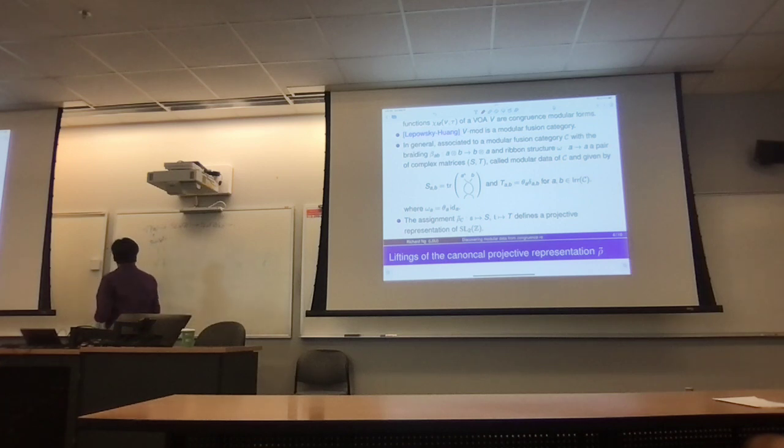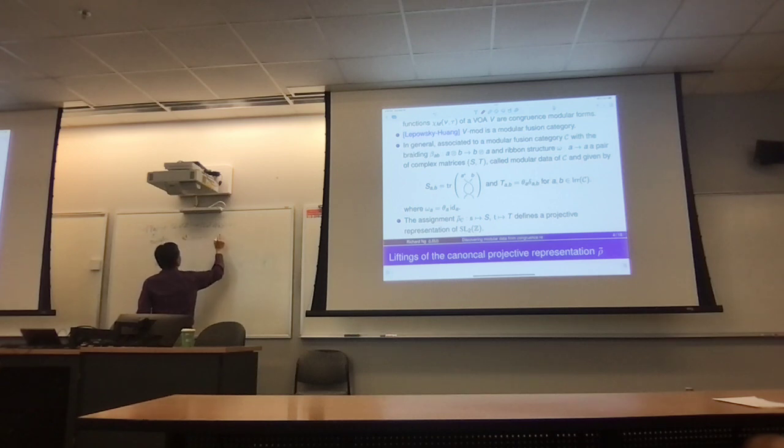So if they have a braiding, then they have something called a twist or a ribbon structure, which is a natural isomorphism, and Chelsea alluded to it yesterday. I don't want to use theta here because I want to reserve it for the scalar associated to it. Maybe I use omega here for the ribbon structure.